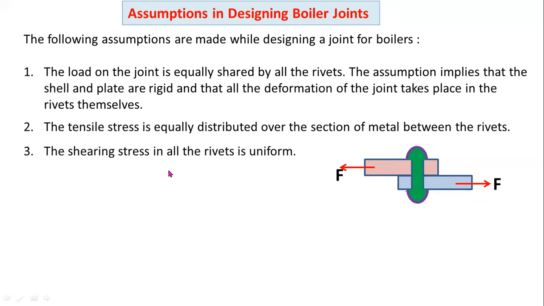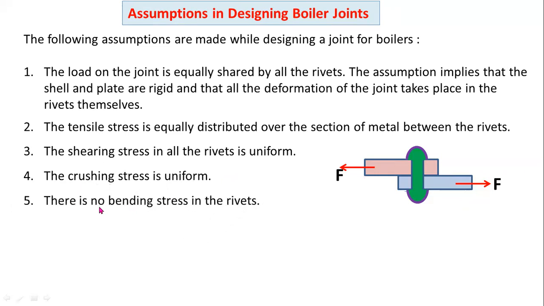The shearing stress in all the rivets is uniform. This rivet may fail due to shearing off here. The crushing stress is uniform. There is no bending stress in the rivets, that means there is no bending load acting on the rivet.